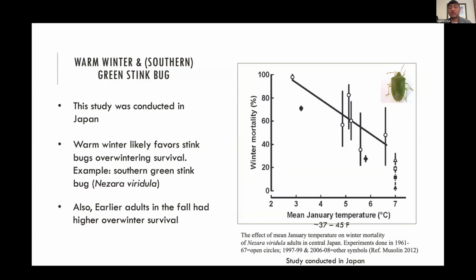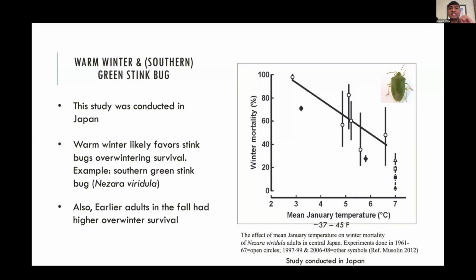As the overall average temperature in January drops, the insect mortality increases in the winter time, and as it rises, the mortality also decreases. That means the colder temperature in January is impacting their population because they overwinter just in the orchard. They are exposed to this cold temperature and their mortality will be significantly higher, and even a 1 or 2 degree increase in temperature in January, in the winter time, makes a difference.